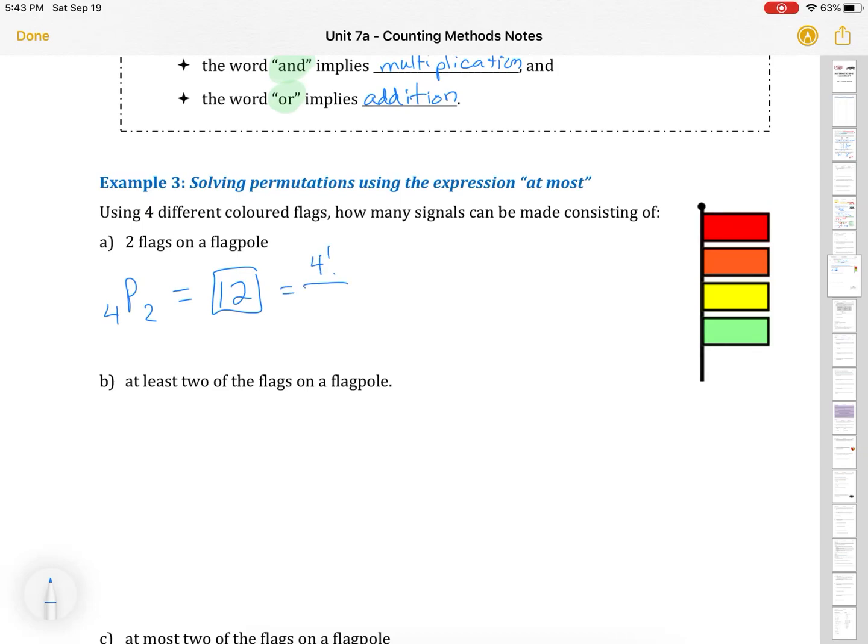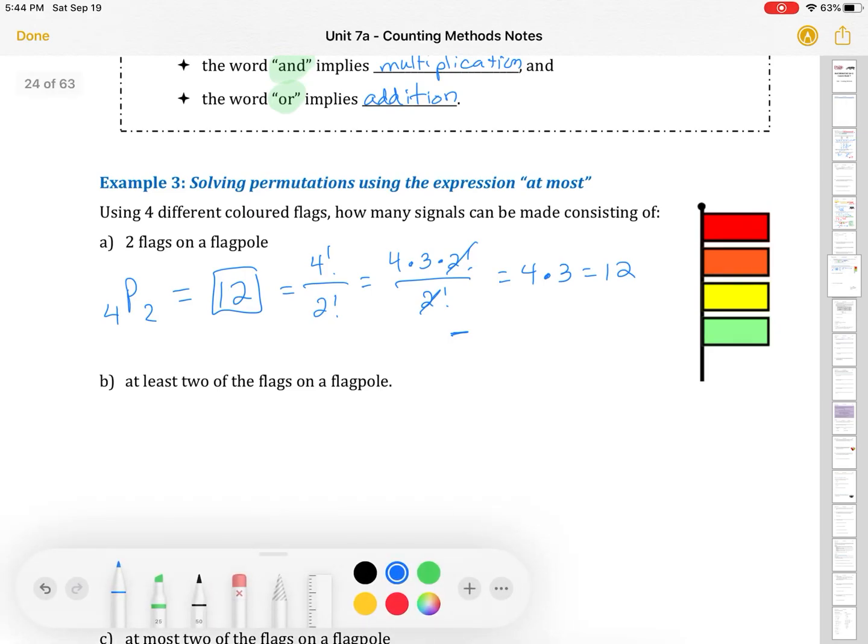Remember, it also works out if we're doing our calculations. 4 factorial over 4 minus 2 is 2 factorial. So I would get 4 times 3 times 2 factorial. Those would cancel out. 4 times 3 equals 12.